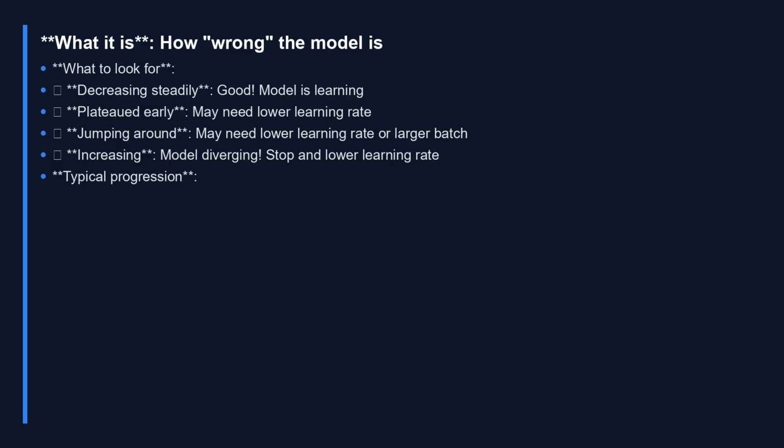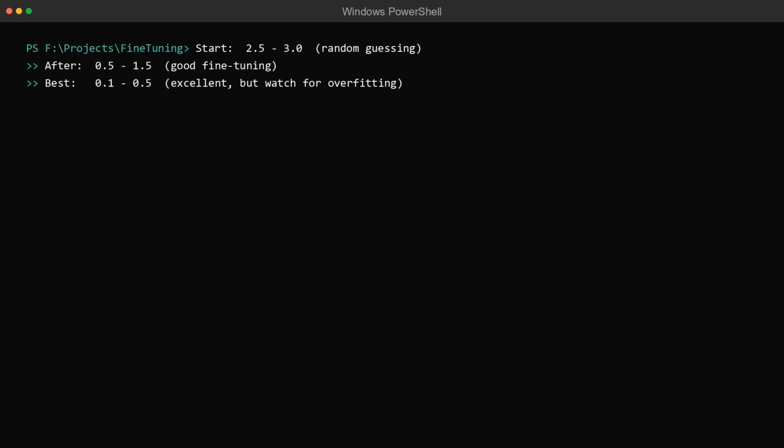Here's what a typical loss progression looks like across a run. At the very start of training, loss typically sits between 2.5 and 3.0. That's the model making near-random predictions. It hasn't learned anything task-specific yet. After a few hundred steps of fine-tuning, you should see it drop into the 0.5 to 1.5 range, which reflects genuine learning.